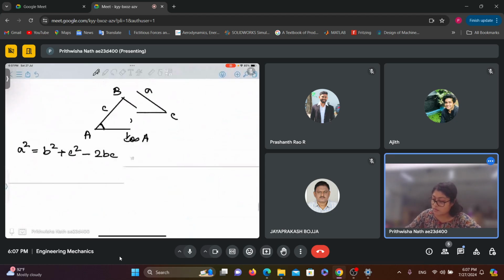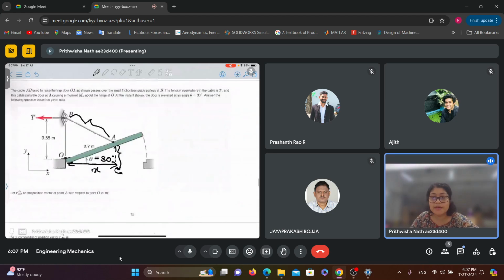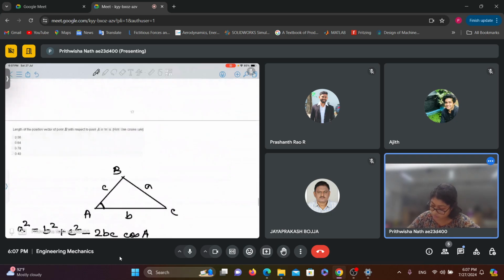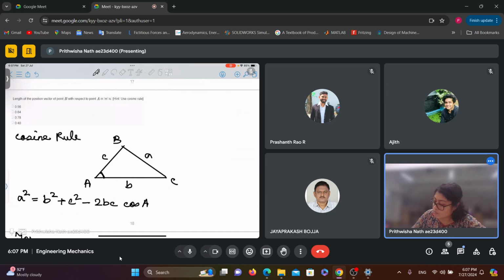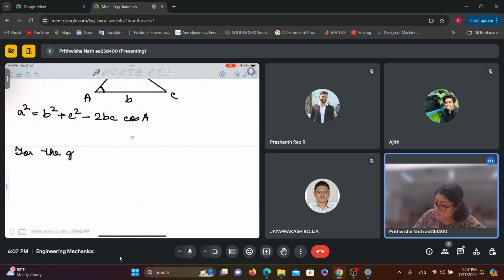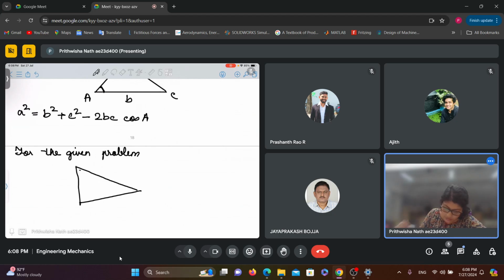Now, we can use this triangle OBA. For the given problem, OA is given as 0.55 and OB is given as 0.7.